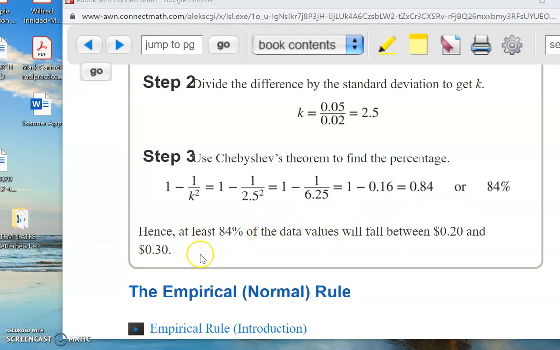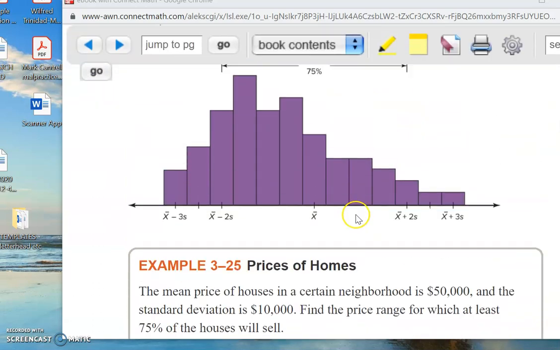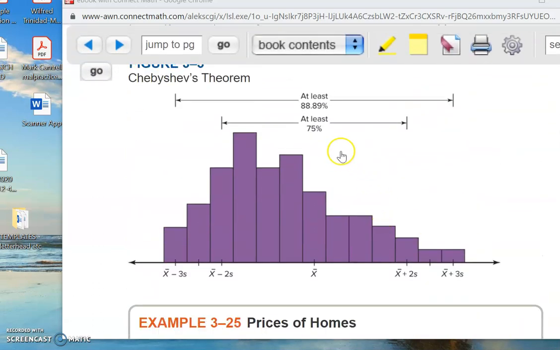Okay, now cartoons are great. I'm telling you, draw your own cartoons. Let's use one of the author's cartoons to see if this makes sense here. We're saying that K is 2.5, right? This cartoon was saying, if you're at 2 standard deviations, if K is 2, it's x bar plus 2 standard deviations, x bar subtract 2.